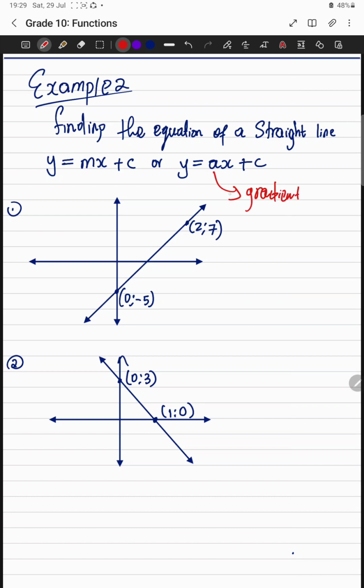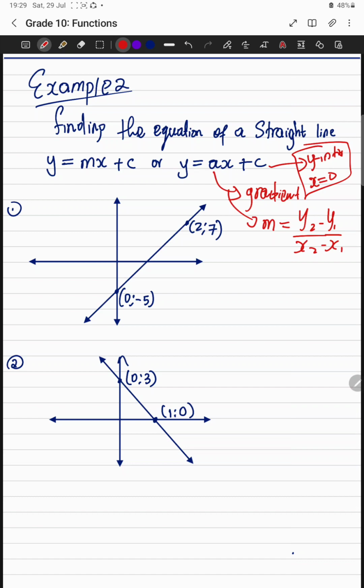Okay, so the gradient, which is m, is equal to y2 minus y1 over x2 minus x1. And then c represents the y-intercept. That means x must be 0 for the value of c.